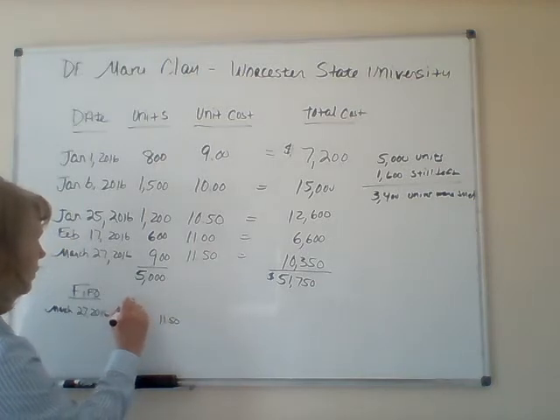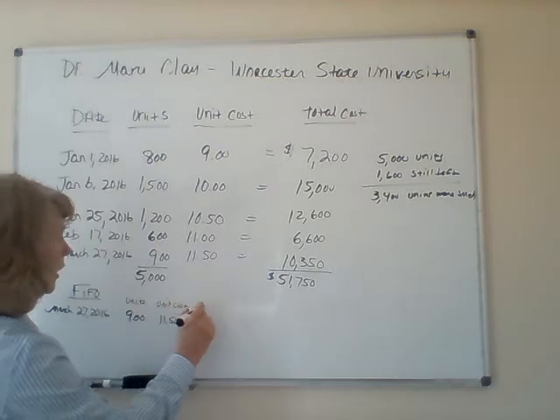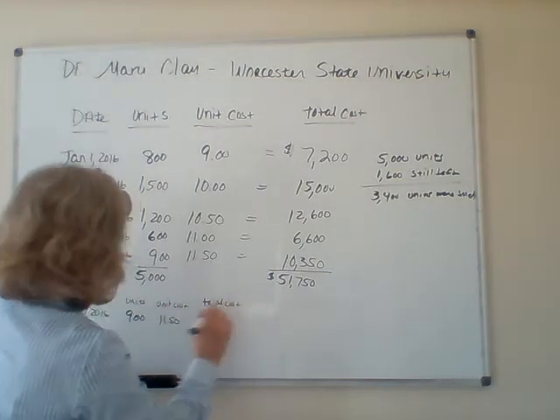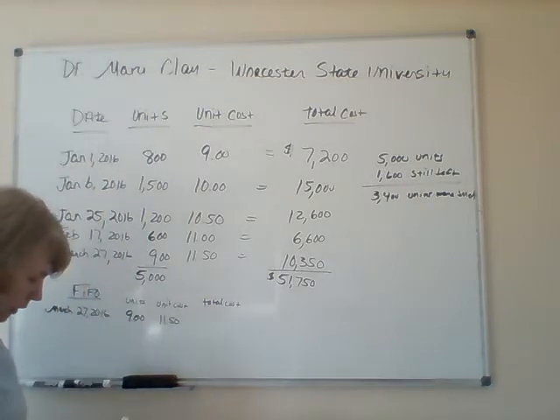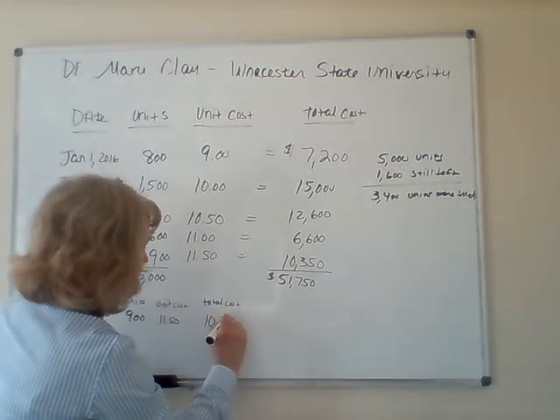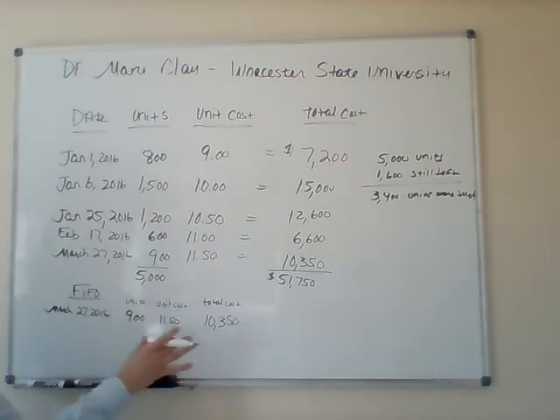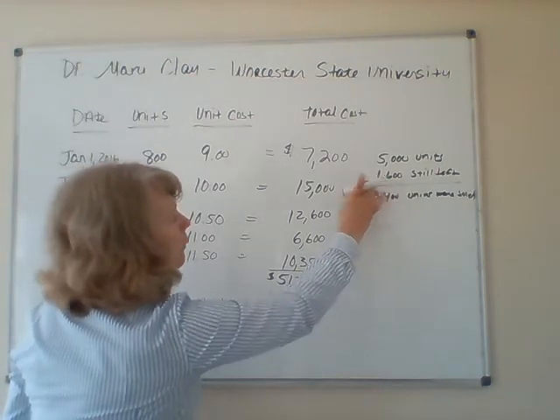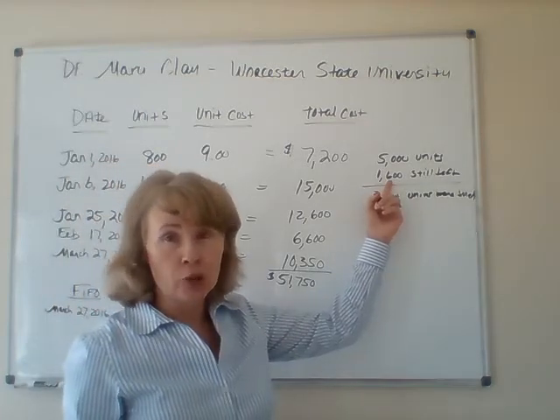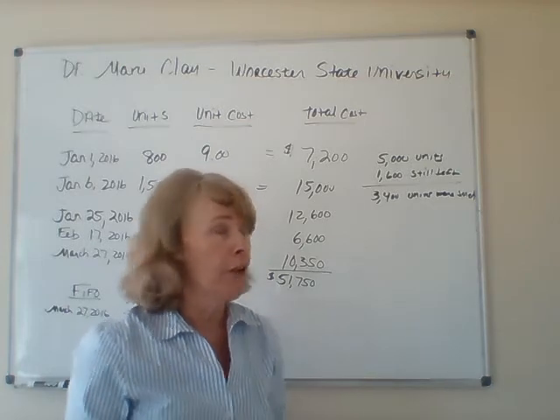So units, unit cost, and then total cost. I multiply 900 times 11.50, and that gives me 10,350. I can work right from my schedule. Then I go up here. So one more time, how many units are still left? 1,600. I'm only caring about what's still left because they're only asking for ending inventory.